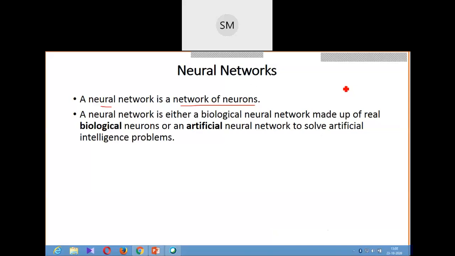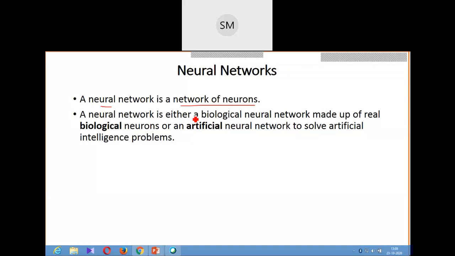And why they have taken this concept: all these things are based on or inspired by our biological nerves and biological nervous system. How our brain works, similarly the machine also should work, so they have taken this word from our biological world.